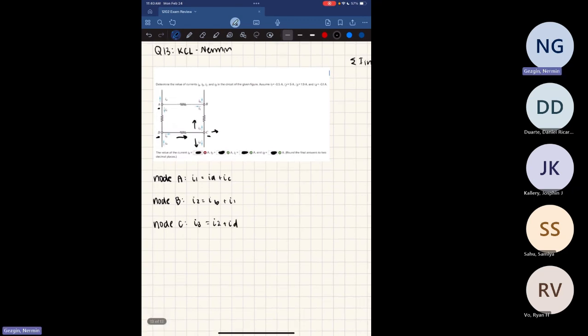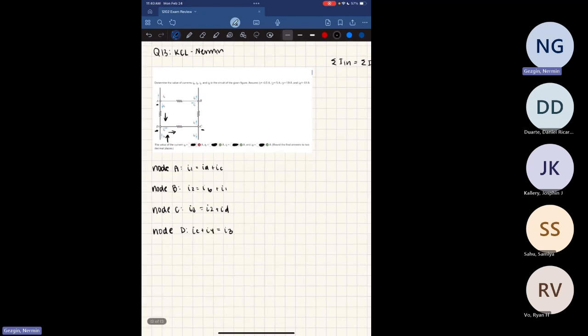Now we just have the last node, which is node D. Here we have IC coming in, I4 coming in, and I3 coming out. So IC plus I4, since those are both coming in, equals I3 coming out. So these are the four equations that we get from the circuit.